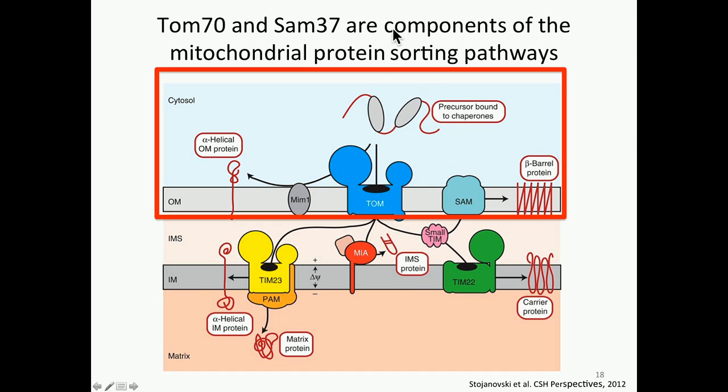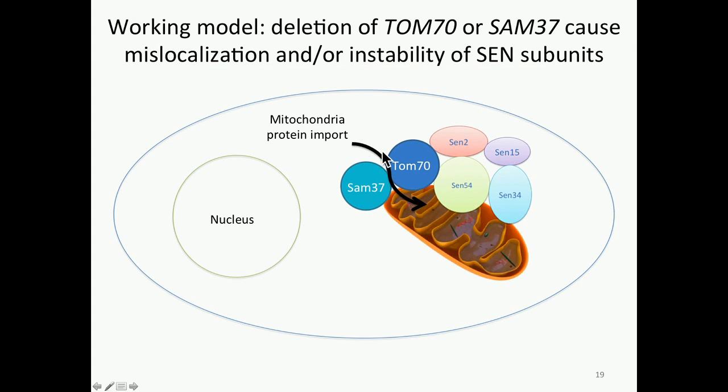So these two proteins I'm telling you about are actually components of the outer mitochondrial surface, and they're involved in sorting of proteins to the mitochondrial interior. And this led to the model that these two proteins, Tom70 and Sam37, might be involved in assembling the splicing endonuclease heterotetramer on the outer surface of the mitochondria.